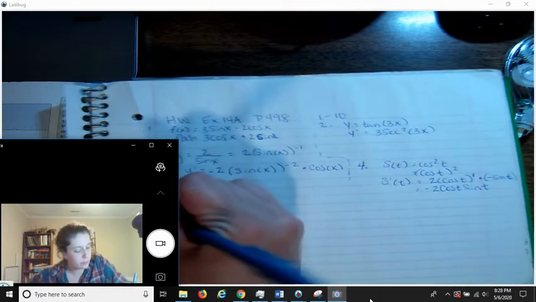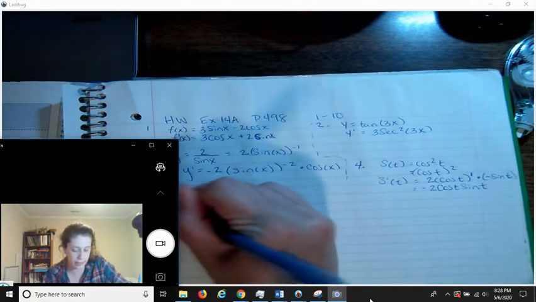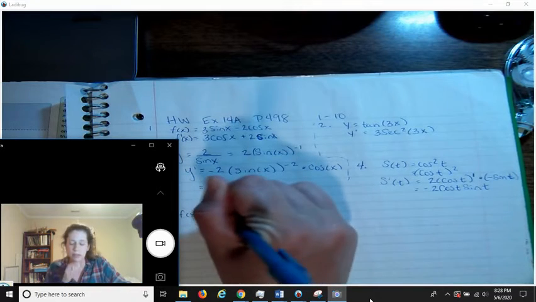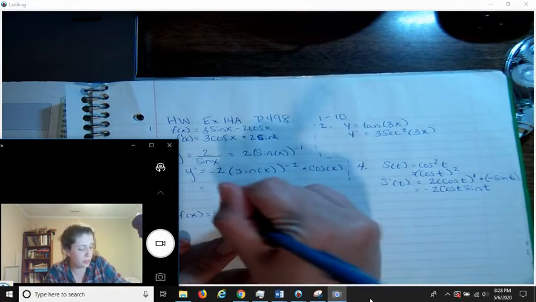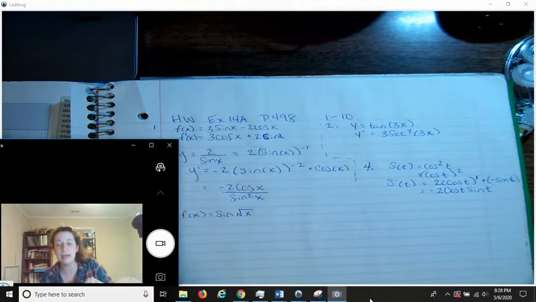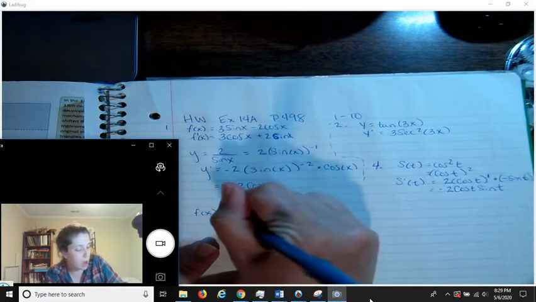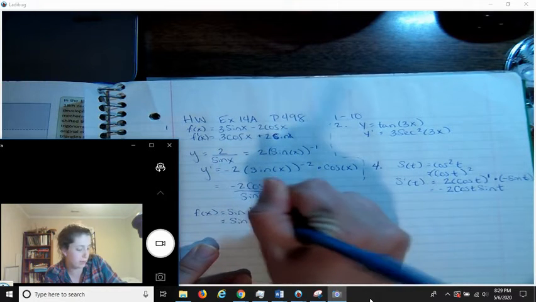Number 5. We have f of x equals sine of the square root of x. Now, the square root of x is inside of our function. So this could be rewritten as sine of x to the 1/2 power.